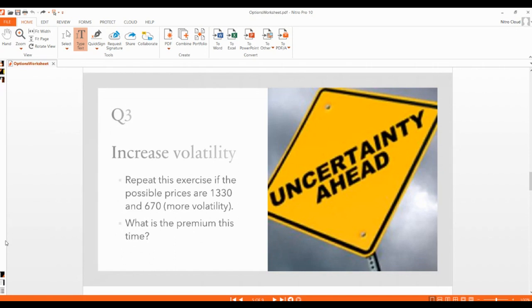So I'm going to interpret that as an environment with increased volatility or increased uncertainty. Then you're going to do the same thing, and then there are a few more slides after this, which is to help you think about the factors that determine what the premium is for a given option.